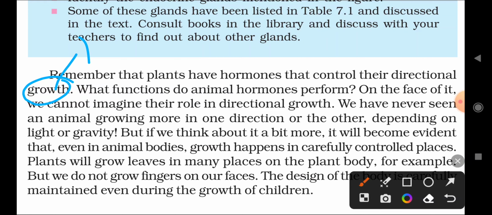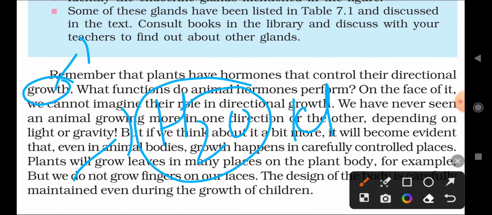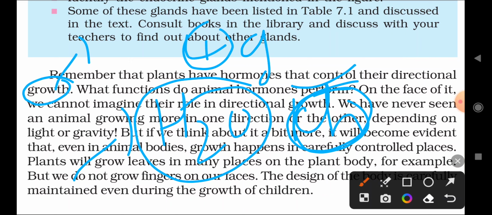A plant moving towards water is termed hydrotropism. Then chemotropism, where plants move towards a chemical substance, like pollen tubes towards the ovule. And the fourth one is geotropism: the shoots and roots respond to gravitation, the roots moving towards the earth.